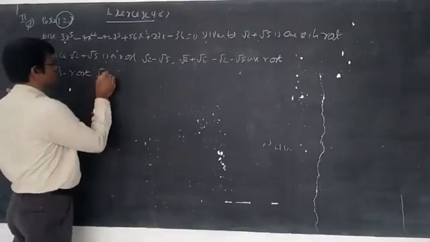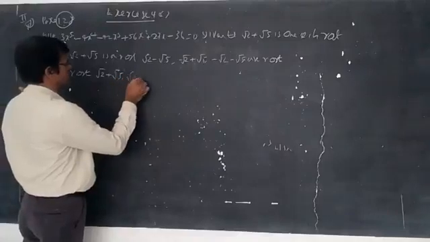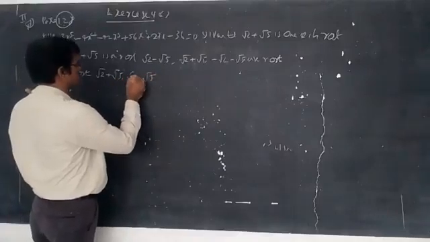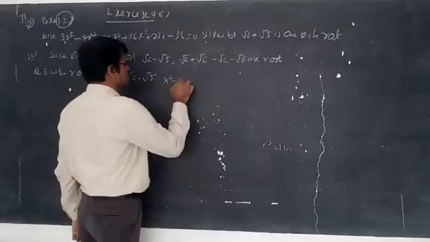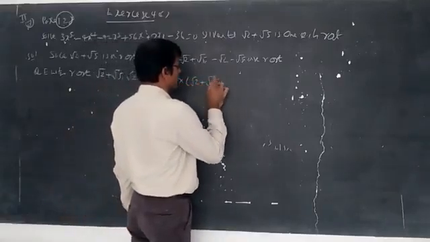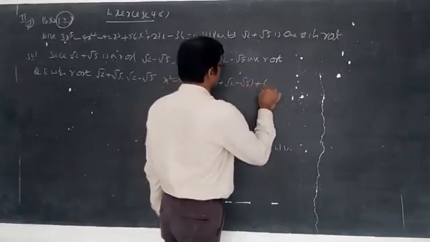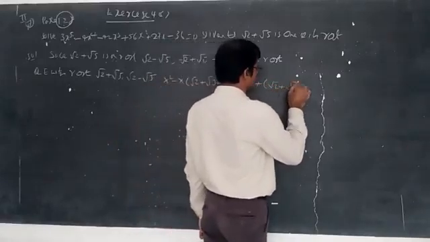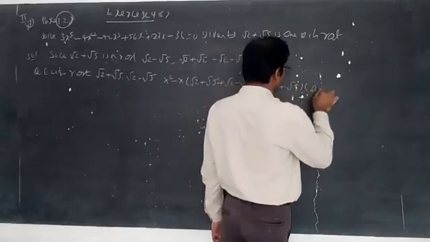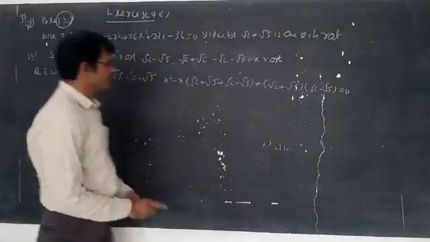Quadratic equation with roots root 2 plus root 5, root 2 minus root 5: x square minus x into the sum of the roots, plus the product of the roots, equal to 0.